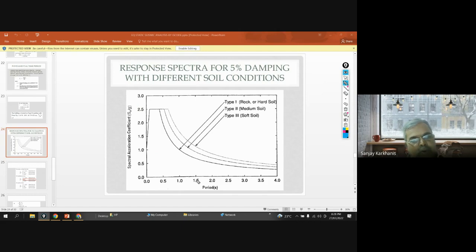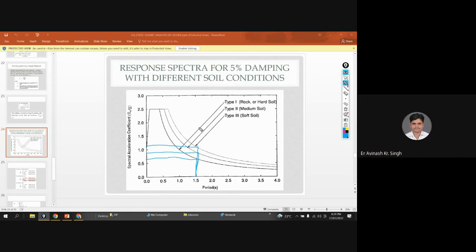If you are calculating your T equal to 1.5, then you can see that for type 3 soil, you will get this. For type 2 soil, you will get this. And type 1 soil, you will get this. Clear? Yes?